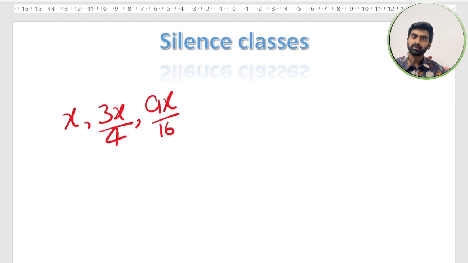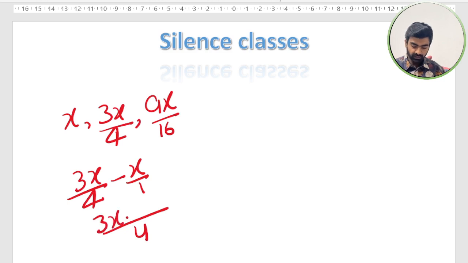By subtracting we can find out the common difference now. Let's check whether the common differences are the same or not. 3x upon 4 minus x will come 3x minus 4x over 4, that is minus x upon 4.